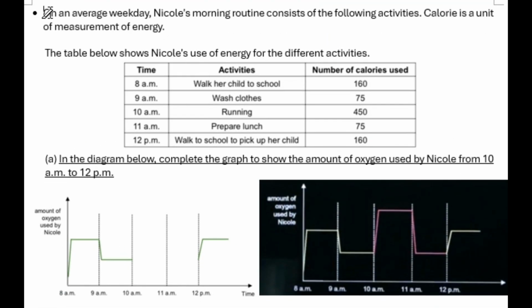On an average weekday, Nicole's morning routine consists of the following activities. Calorie is a unit of measurement of energy. The table below shows Nicole's use of energy for the different activities.